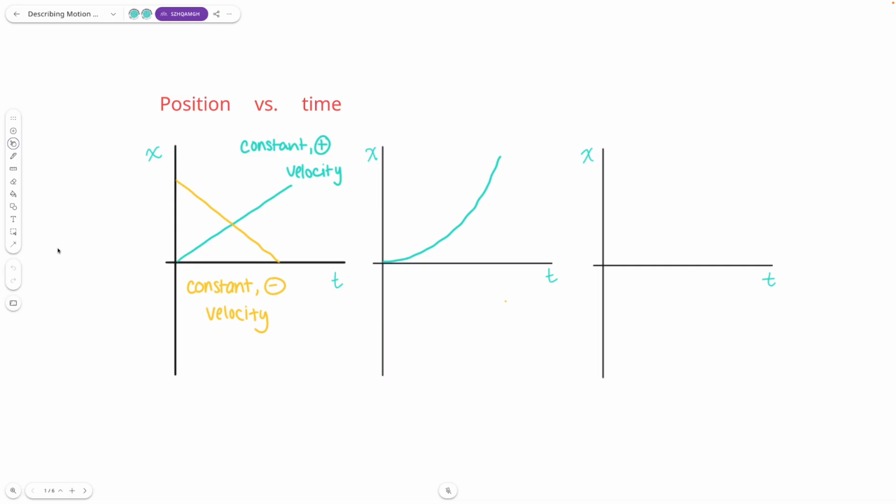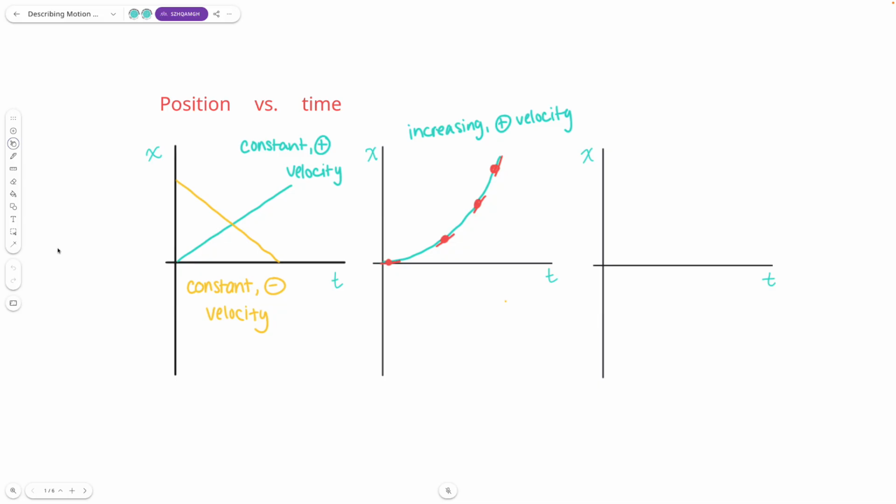If you're familiar with the idea of tangent lines, if we draw a couple of little tangent lines here, they just indicate the slope at very specific points in time. Our slope starts off maybe even at 0. It's not steep there, but then it gets steeper and steeper over time. So that's how we can see that this is an increasing slope. So our blue line shows increasing positive velocity.